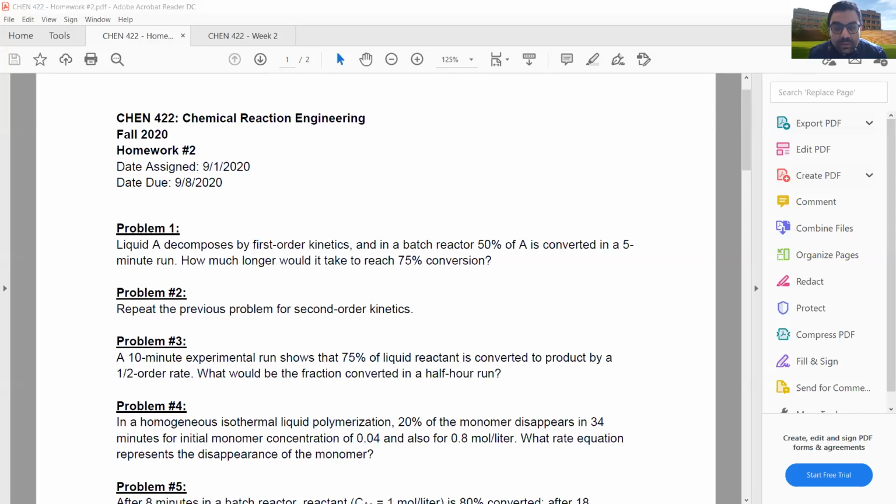And the half order rate basically corresponds to one of our cases, right? So now we're working on number 3. So you're being told, let's write the given: t equals 10 minutes, x is equal to 0.75, and n is equal to half, or let's write it as 0.5.